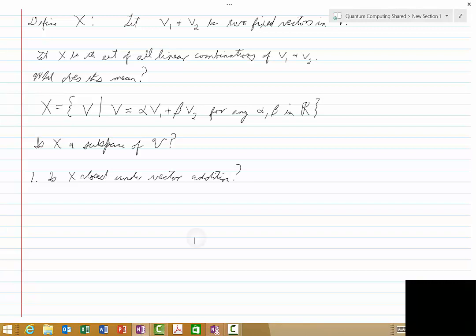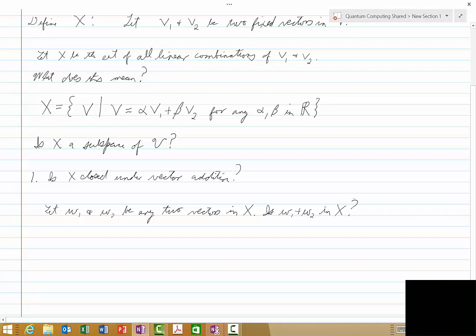So we'll say let W1 and W2 be any two vectors in X. And then we have to ask, is W1 plus W2 in X? That's going to be what we're going to check now.